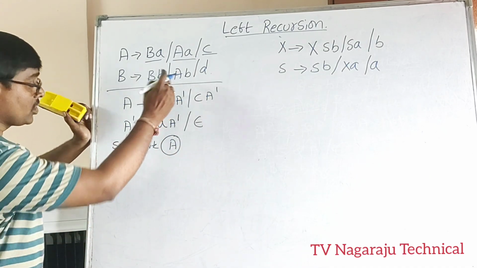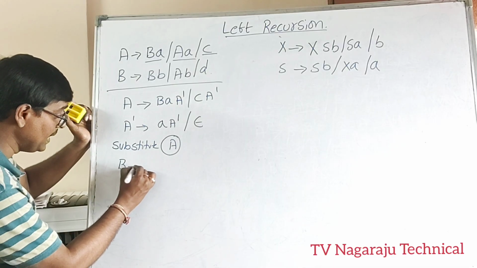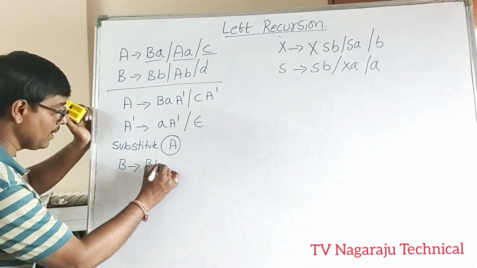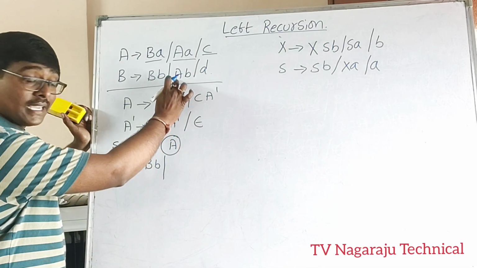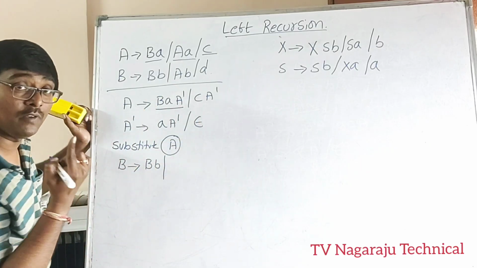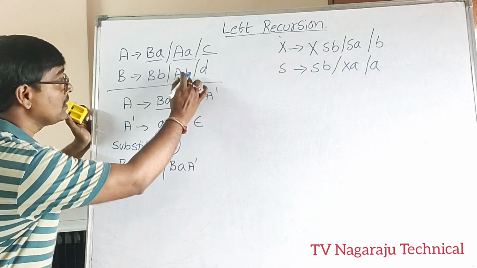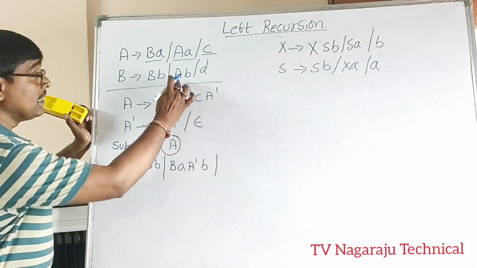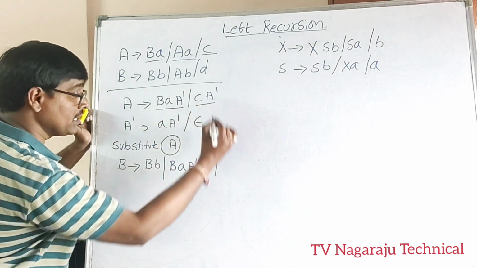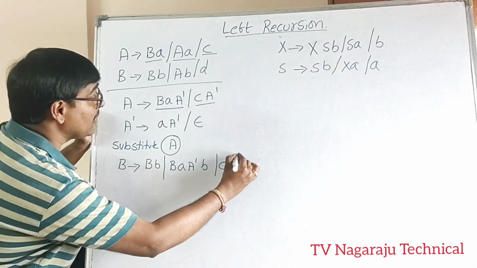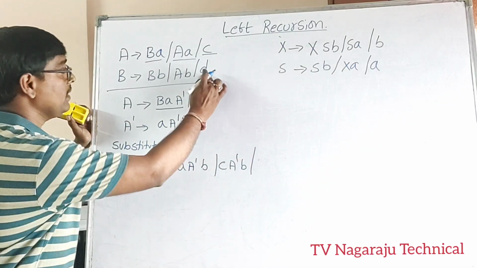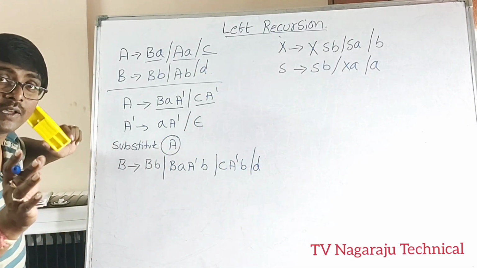How does it form? B tends to BB slash. Now this capital A is replaced with this one, B A dash B, or this capital A is replaced with this one, C A dash B, and then the remaining D.